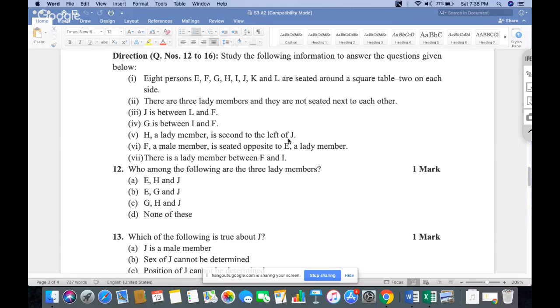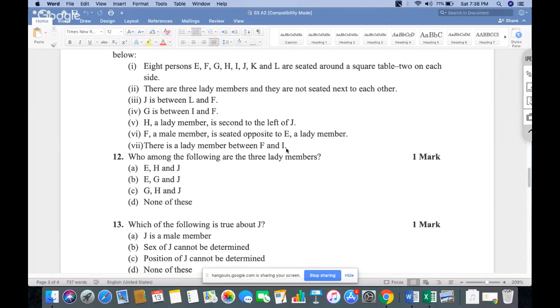Only few people have replied, so take some 2-3 more minutes. Solve question number 12, 13, both.